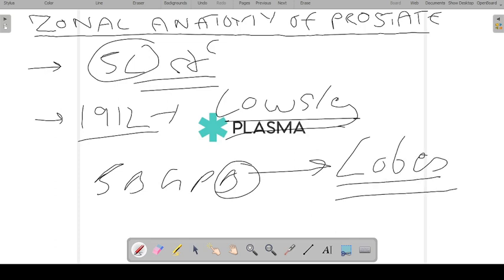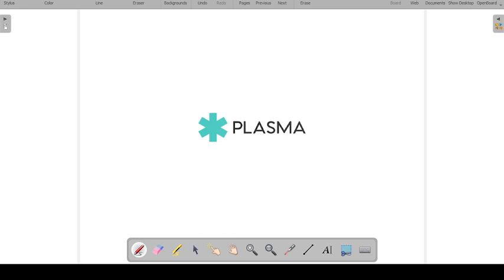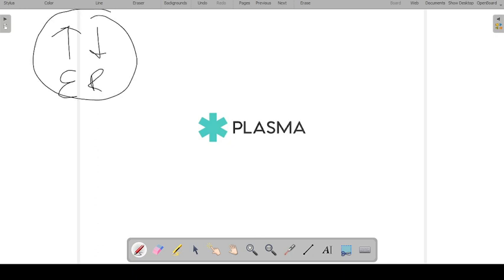This consideration no longer exists, because we know that the development of the prostate is emerging and receding in nature, so it is not fixed.